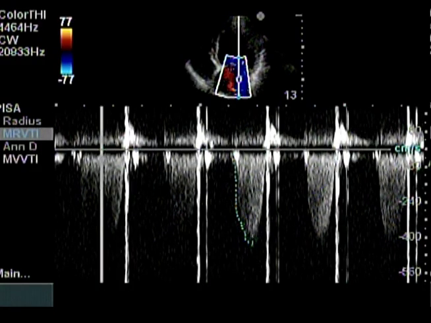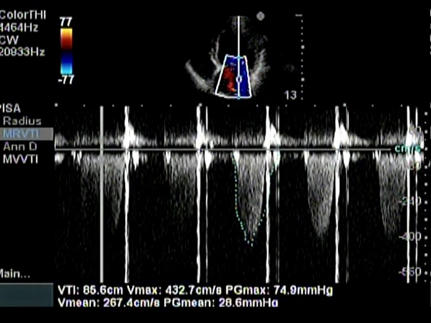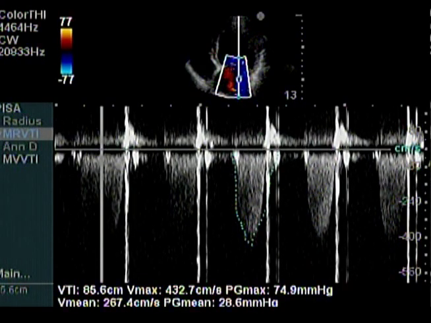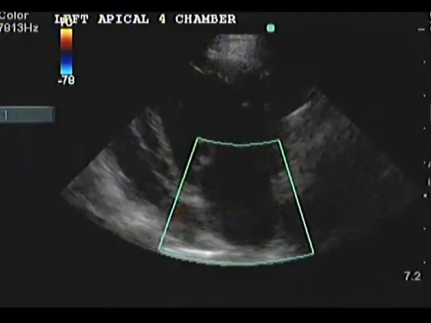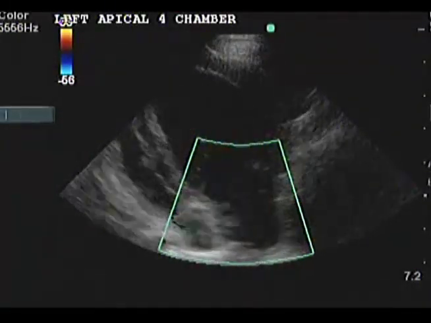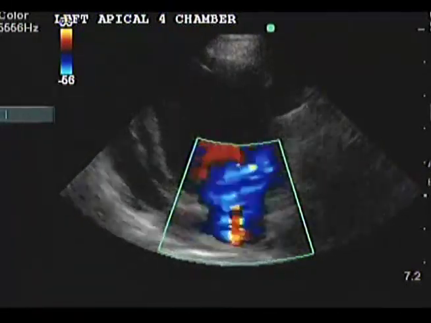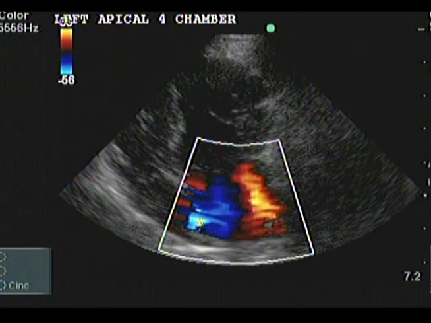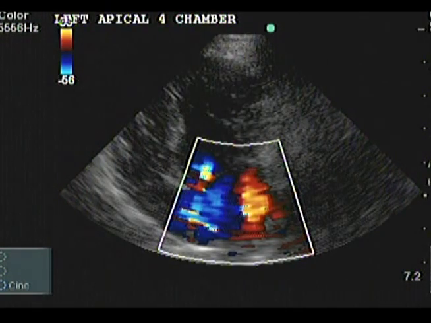In this example, a velocity time index measurement is used to give a maximum velocity and a pressure gradient. The calculated pressure gradient of the continuous wave Doppler measurement of a mitral insufficiency can also be used to help stage the insufficiency.